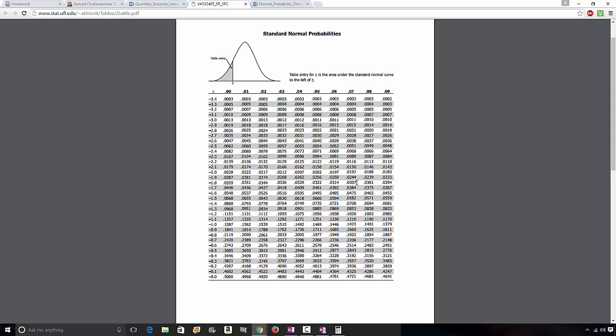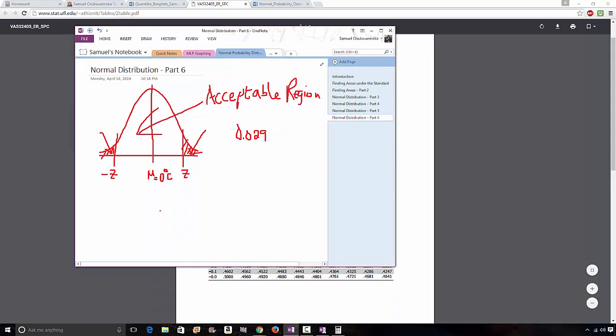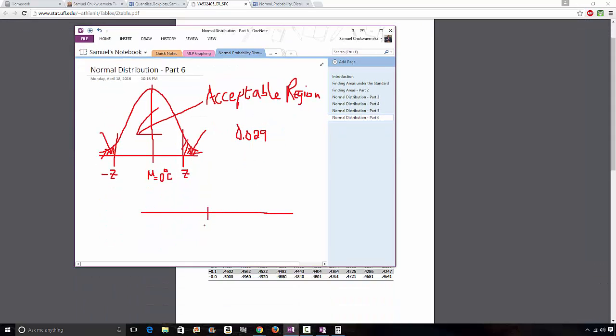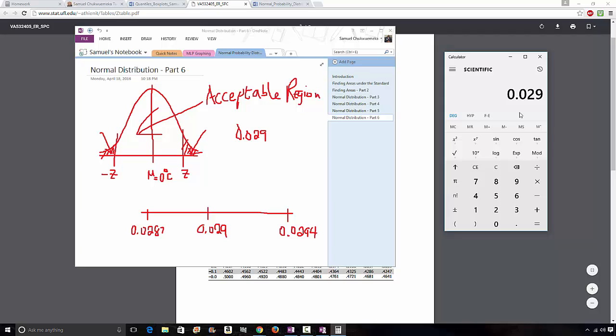So we have 0.0287 and we have 0.0294. This is what we have here.